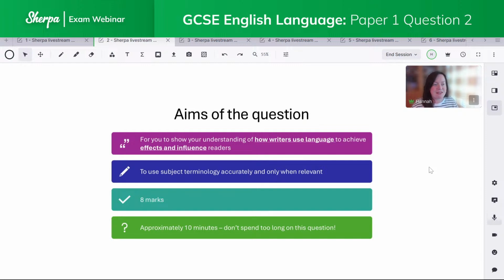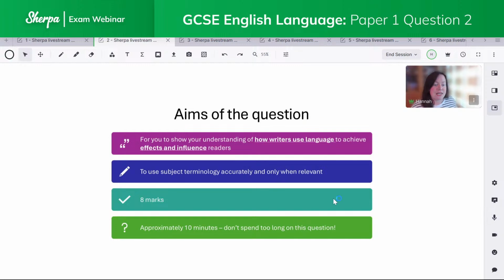You don't need to mention alliteration, only the technique you are actually analysing. That's a really important way of getting those top marks in this question. I think the way that it says that on the mark scheme is it says sophisticated use of terminology, and that's basically what it means. Only mentioning the techniques that you're actually analysing.